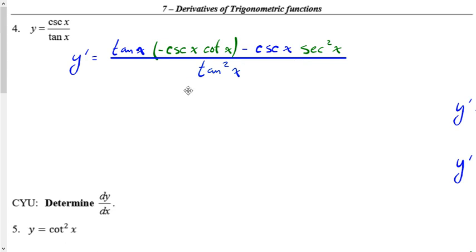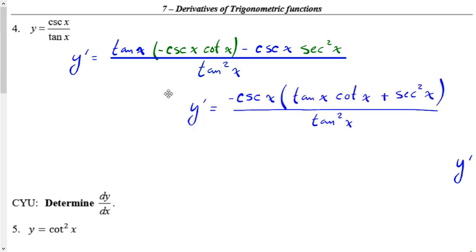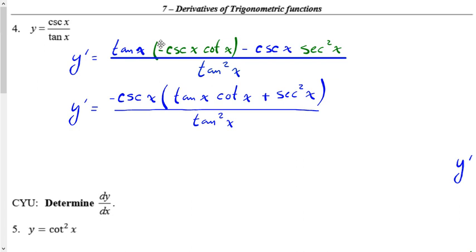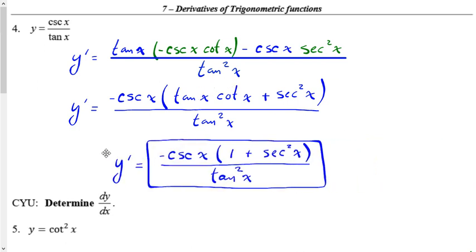Again, if all we were asked to do is just find the derivative, we could stop here, but let's do some simplifying, see where this takes us. I see this common factor of cosecant x, and both are negatives. We have a common factor of -1 also. So I factored that out. And then as I look at this tan x times cotangent x, remember they are reciprocals of each other, so they multiply together to give us 1.